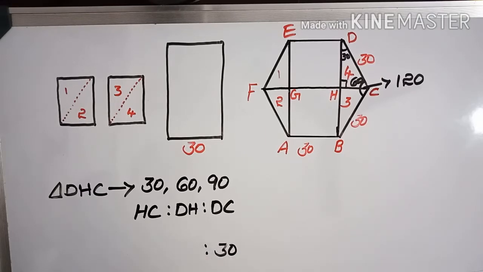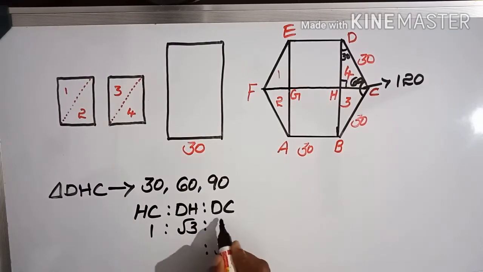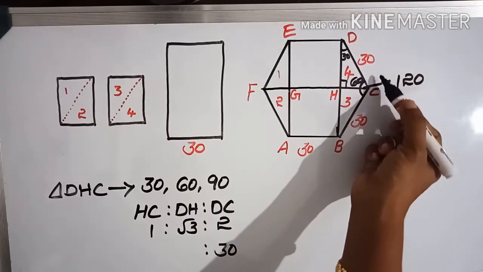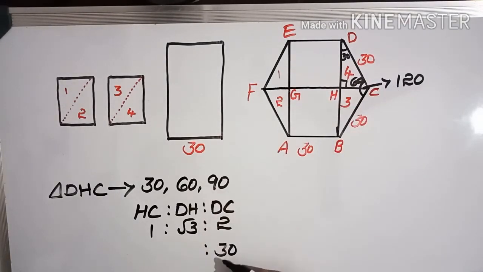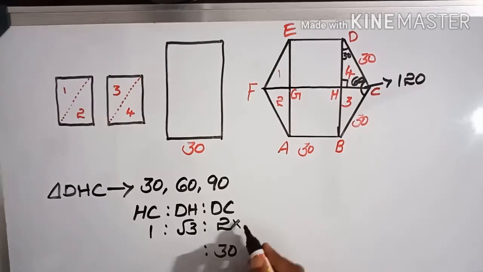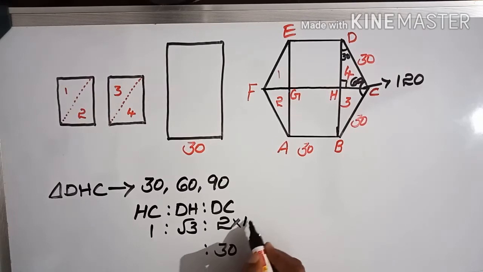Before that we have to write the ratio. What is the 30, 60, 90 ratio? 1 is to root 3 is to 2. Now DC, opposite 90, is given as 30. So what will be the multiplication factor? 2 into what is 30? 2 into 15 is 30.